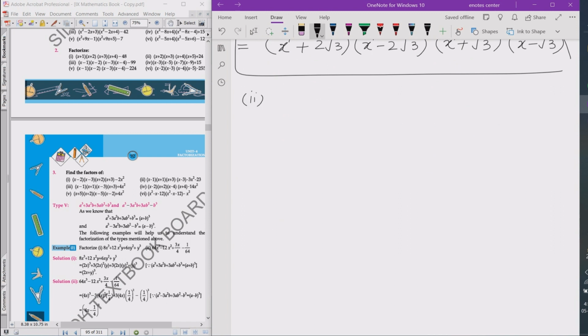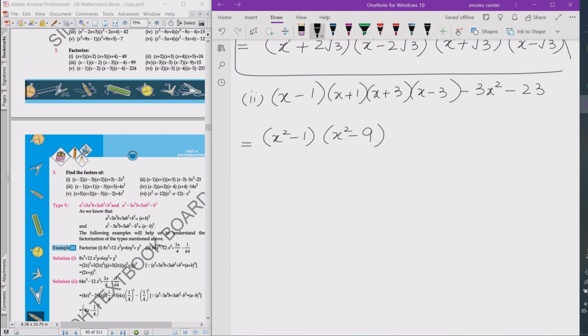We are solving part 2 now: (x minus 1)(x plus 1)(x plus 3)(x minus 3) minus 3x square minus 23, right? First we will make appear x square minus 1 and x square minus 9, right?